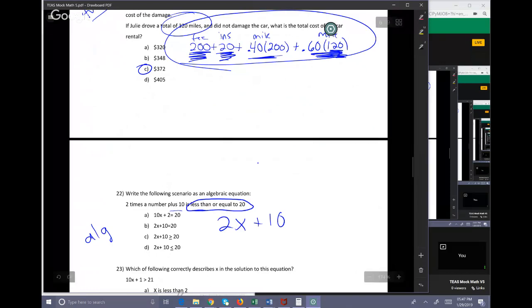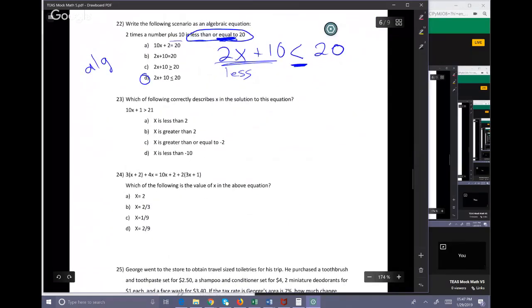In this case, whatever's over here, which is 20, that's what's greater, because this is supposed to be less. So you want the pointy part toward the 2x plus 10. And then they did say or equal to, that's what creates an underline or not. So that's going to end up being choice D.